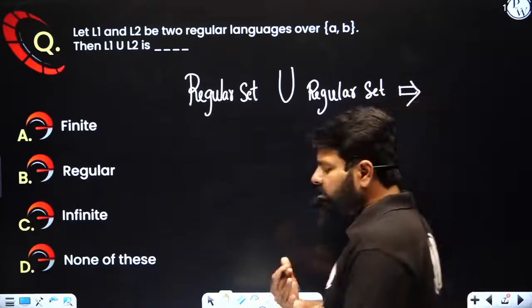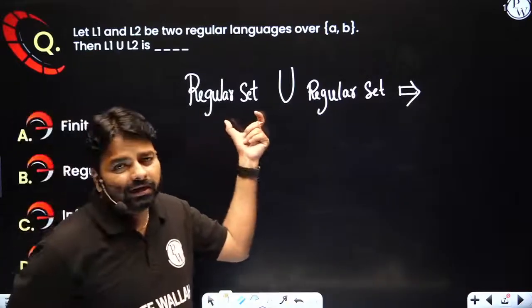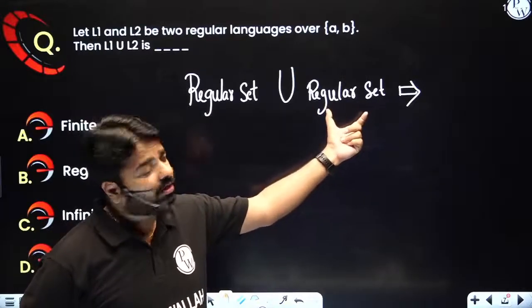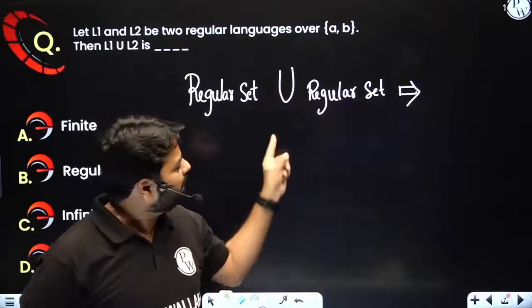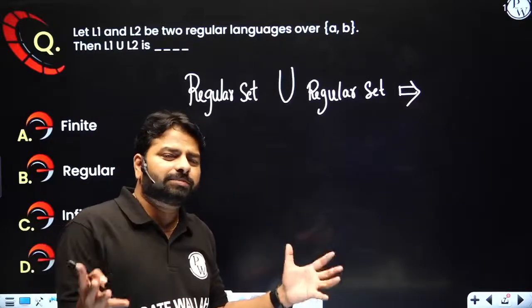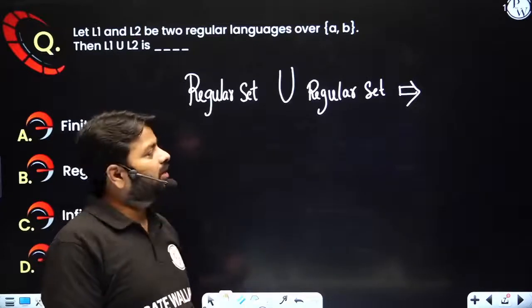So how to prove it? Yes, there are algorithms to prove it. Because for a regular set, you can write a regular expression, and for another regular set, you can write another regular expression. Then to do the union, just put a plus, and you will get a new regular expression. When you have a regular expression, you have to believe that whatever it generates has to be regular. Fine.